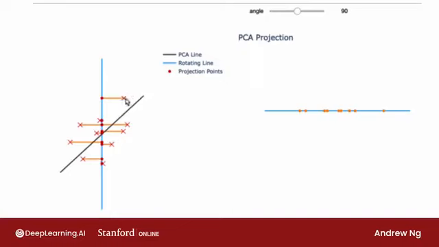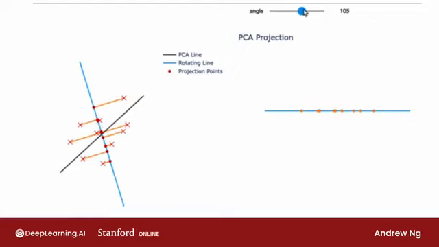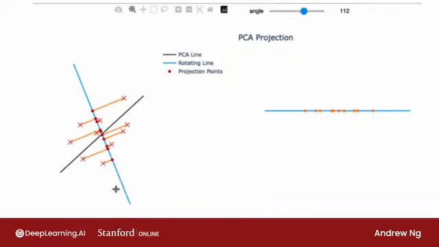Here we have 10 training examples, and as we slide this slider here, and you can play with this in one of the optional labs yourself, as you slide the slider here, the angle of the z-axis changes. And what you're seeing on the left is each of the examples projected via that short line segment at 90 degrees to the z-axis.